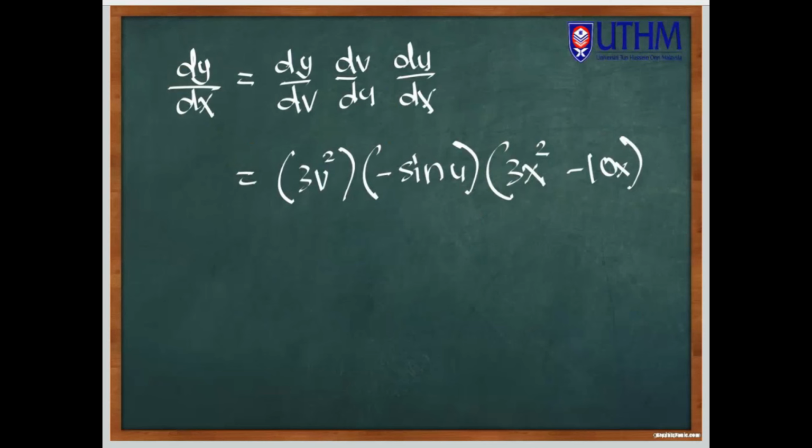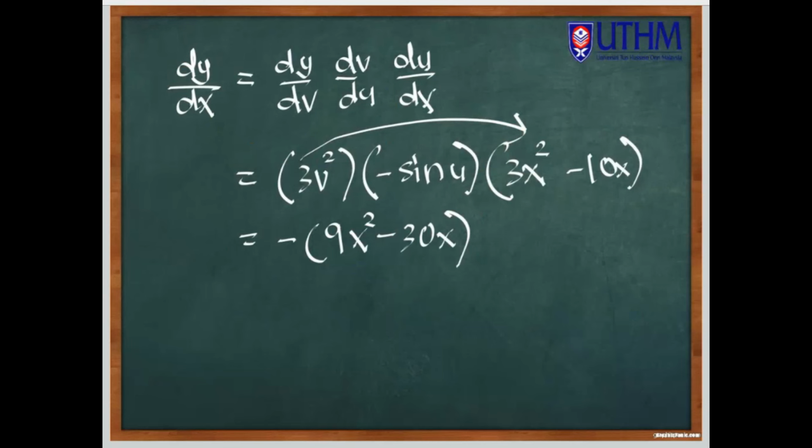We just multiply 3 with this first, and also with the minus, we will get negative 9x squared minus 30x. Now we replace v squared. Since we know that v is equal to cos u, we will replace v squared as cos squared u, times sine u.